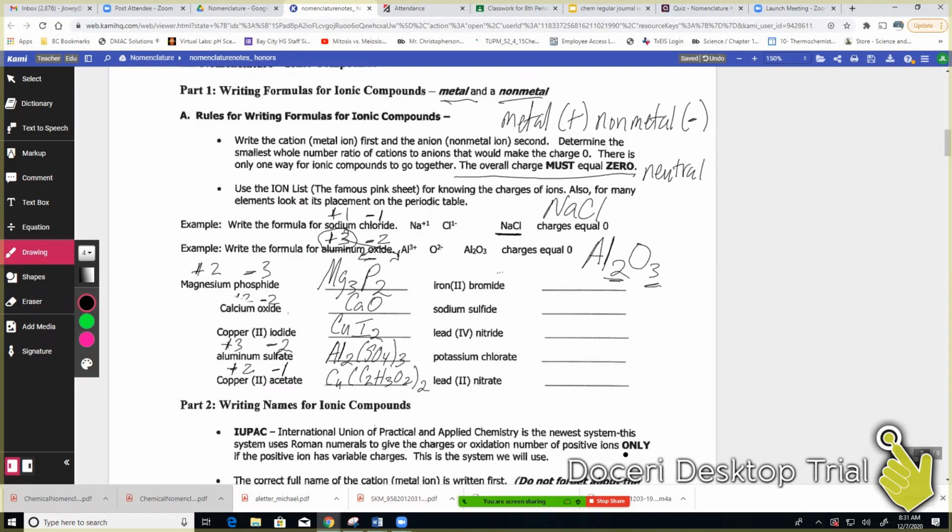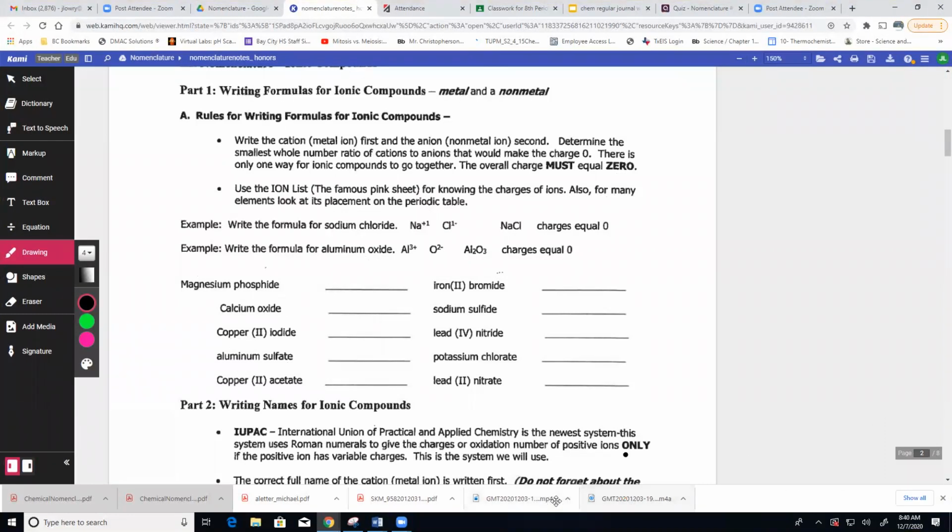So try your hand at those 5 right there that are the other examples.